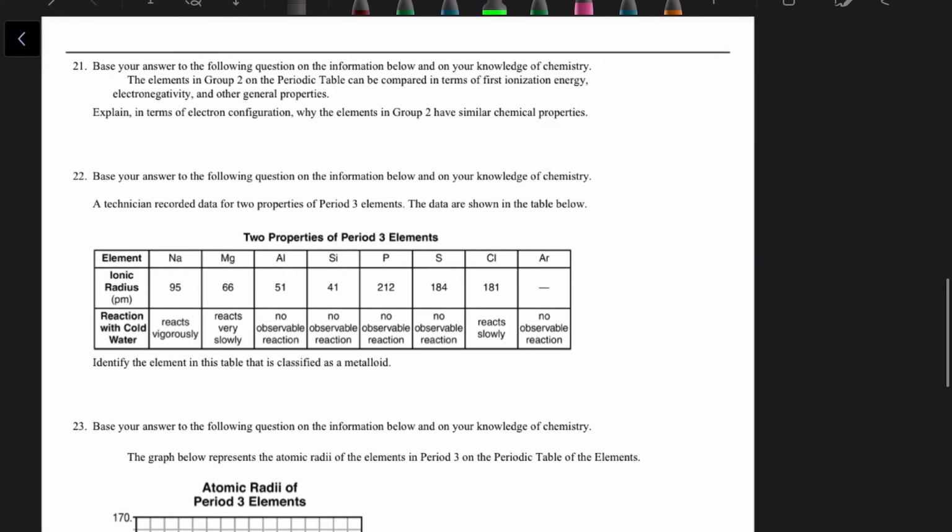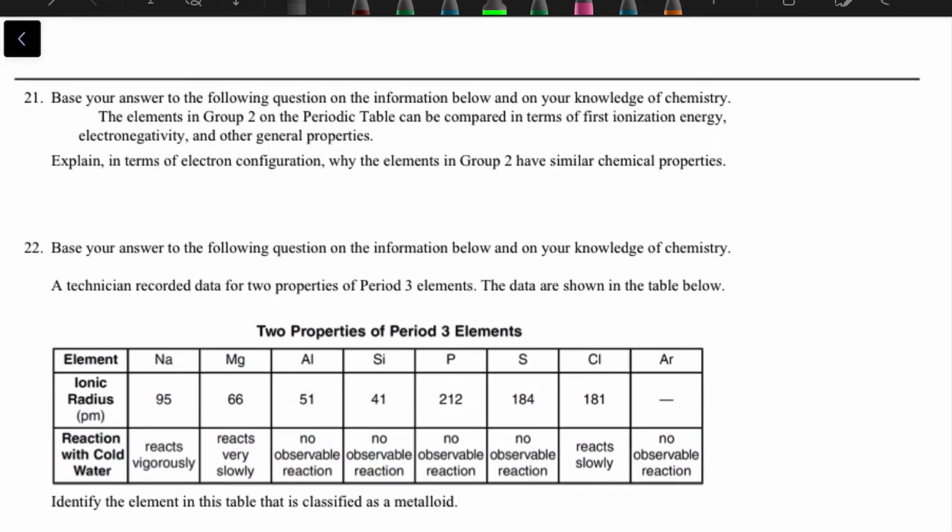So moving on to our short response questions. 21, the elements in group 2 on the periodic table can be compared in terms of first ionization energy, electronegativity, and general properties. Explain in terms of electron configuration why elements in group 2 have similar chemical properties. They all have the same number of valence electrons.